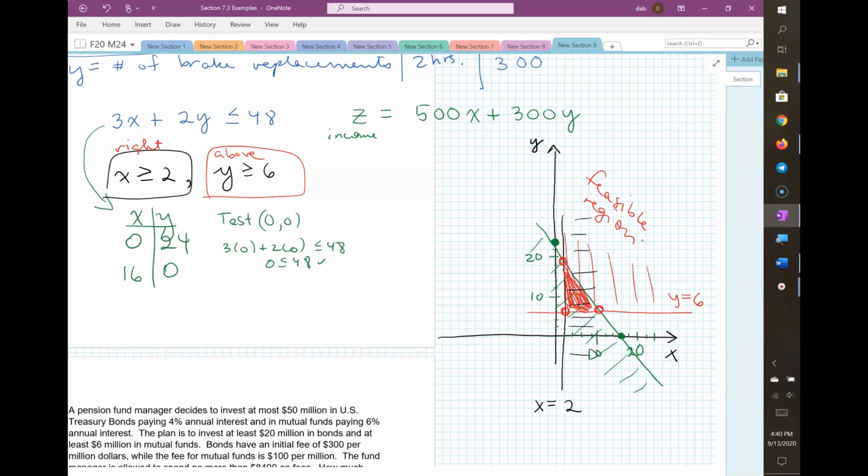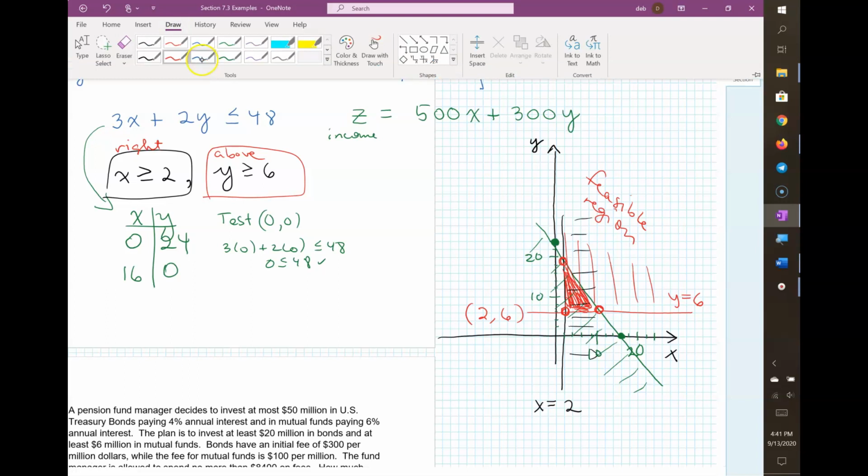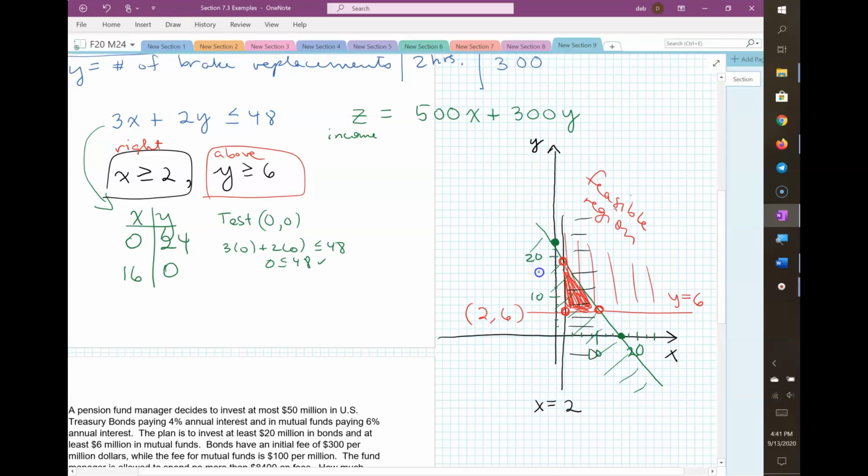So we need to find the corner points, and we can see the bottom left corner one. That's going to be when x is 2 and y is 6. So that one's easy. Well, the next one we have to use algebra to figure out. Let me label these corner points A, B, and C so you know which one I'm talking about.